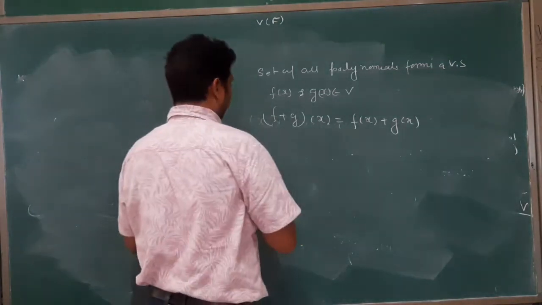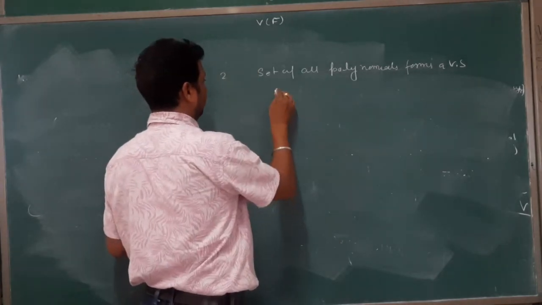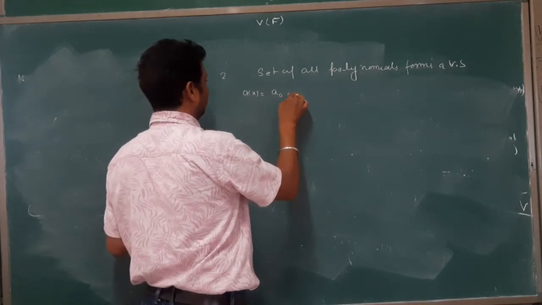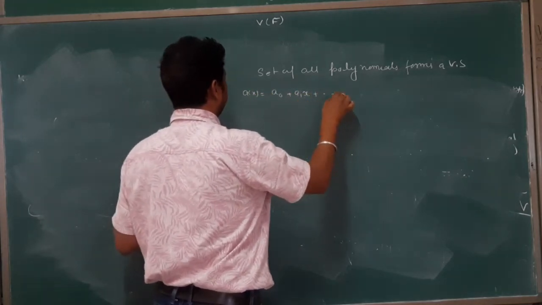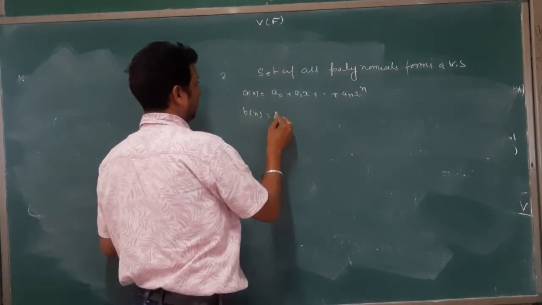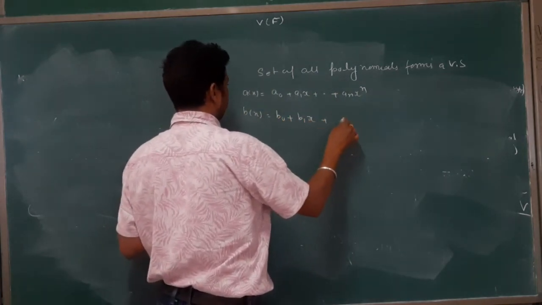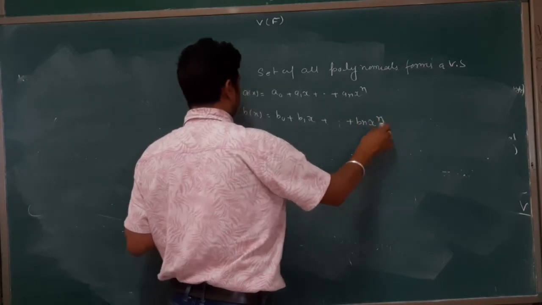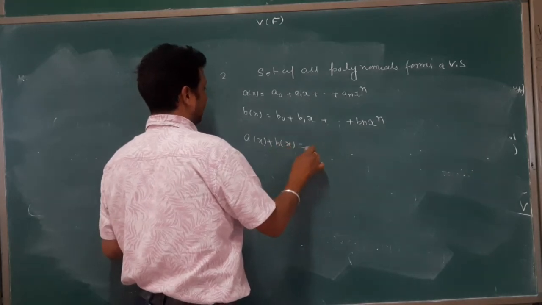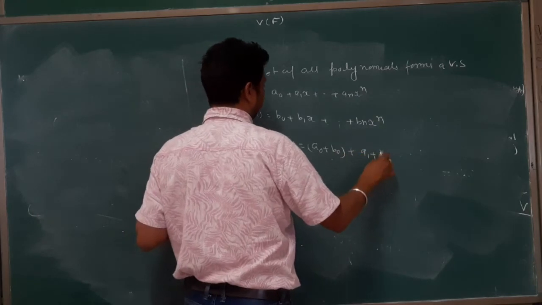In another way, I will write it in polynomial form. Suppose we have polynomial a(x) equals a0 plus a1x plus ... plus an x to the power n, and b(x) is b0 plus b1x plus ... plus bn x to the power n. Then how do we add a(x) plus b(x)? We know very well, polynomial addition.